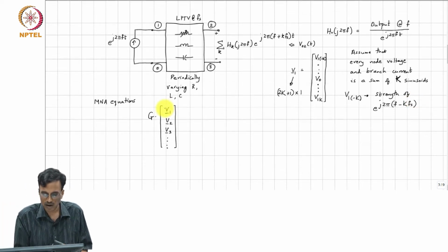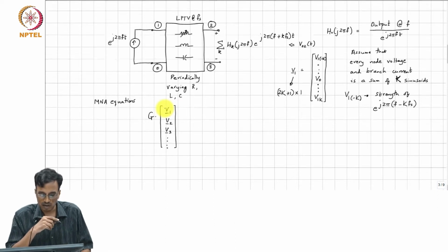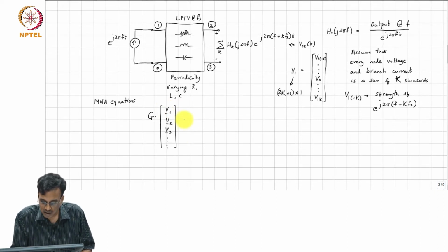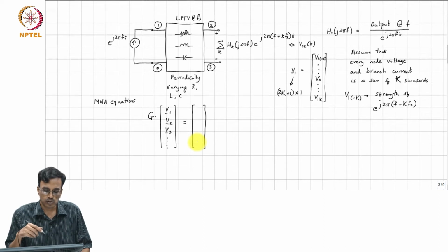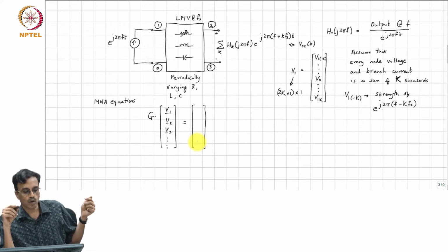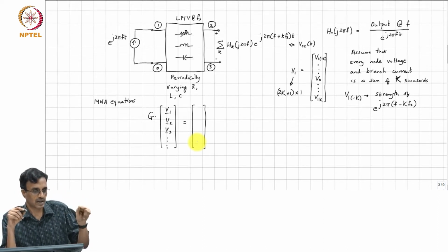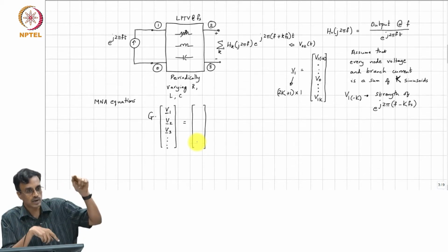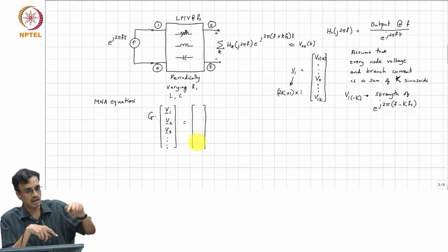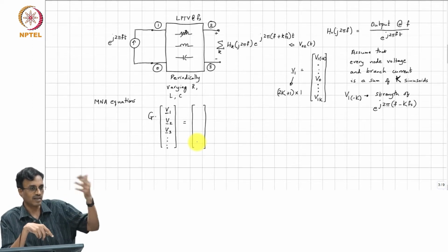So, the G matrix times the voltage vector is equal to the current excitation, and for the current excitation also, at every node there is a current being injected, right, and that current can also have components of the form f, f plus minus f s and so on.